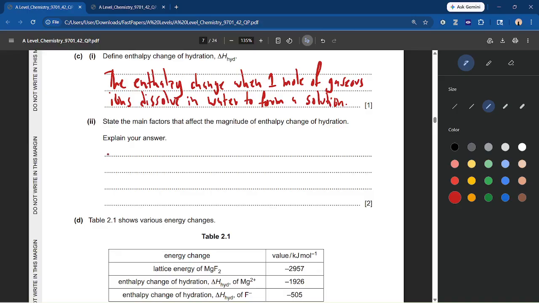The main factors are, so we're going to write down ionic radius.